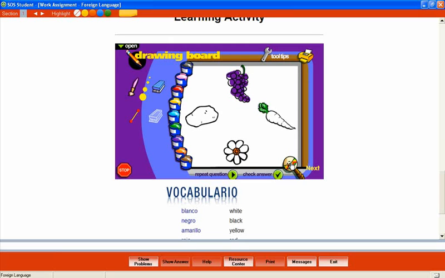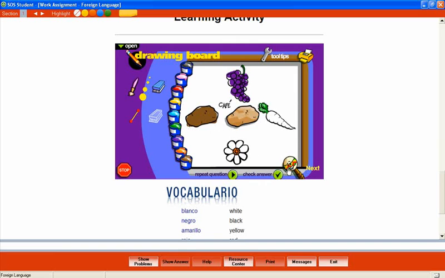Good. The next color Marcella asked us to find was color café, something that was color café. Did you pick the potato? Nice work. Papas are usually color café, aren't they? They're usually brown. So color the potato on your page color café.